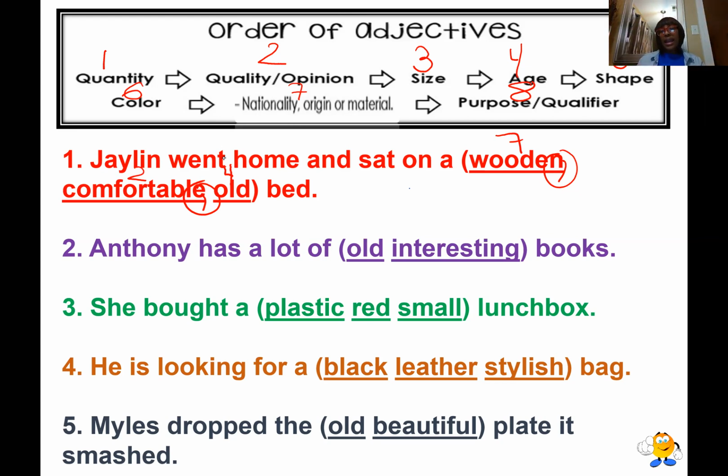So go ahead. I am asking you to complete sentences 2, 3, 4, and 5. I definitely want you to include sentence 1 with your work today. And also, if this is still a struggle for you, go ahead and copy the order of adjectives, little notes up here with the numbers. Let me see that you're working that out as well.